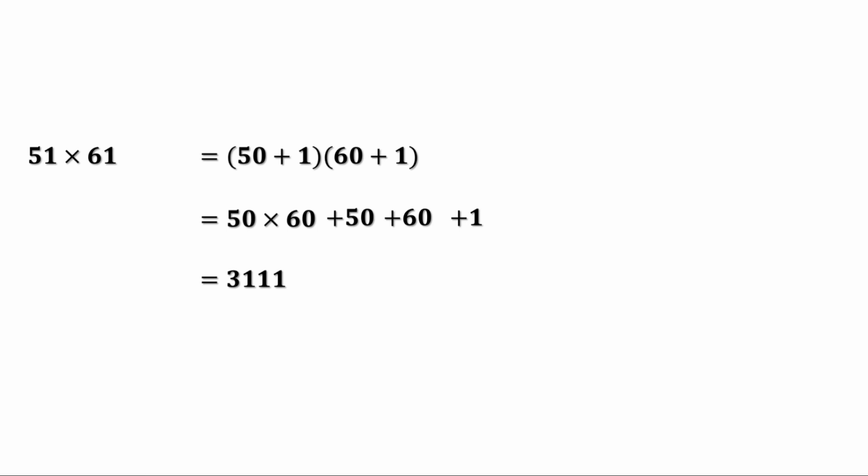Suppose we know the product of two numbers, then this identity can be used to find the product of two numbers which are one more than the given two numbers. For example, suppose 17 into 25 equals 425. We have to find 18 into 26. 18 is 1 more than 17, 26 is 1 more than 25.